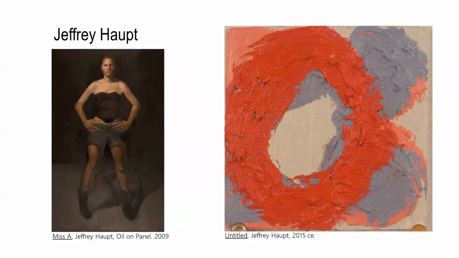And Jeffrey Haupt is a friend of mine. He used to teach at Mississippi State. We were colleagues for a while at Mississippi State, but he also, like me, went to Indiana University, so he also studied under Robert Barnes. He's one of those artists who has two very interestingly different, but also very successful bodies of work.